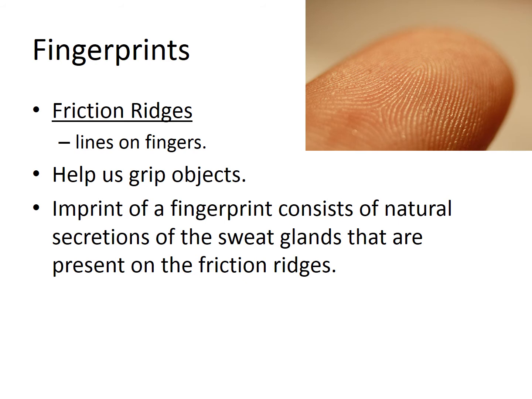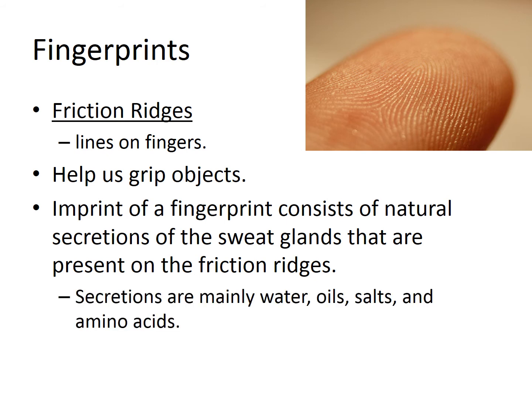If you get a very good fingerprint, you can actually see where these secretions come from. They're mainly going to be water, but then you have oils, salts, and amino acids that are also secreted by those glands.